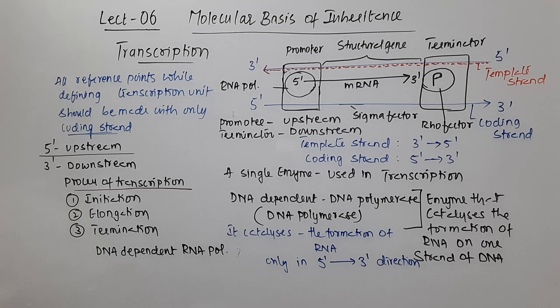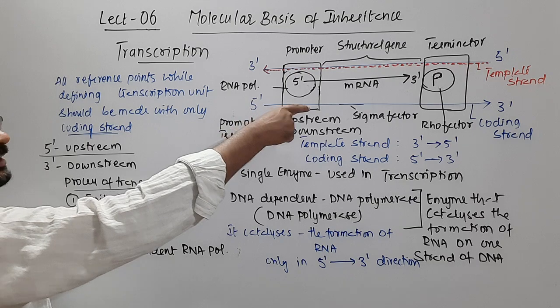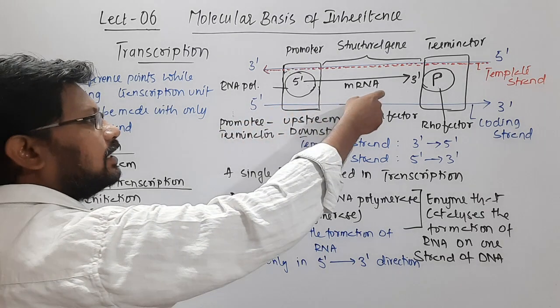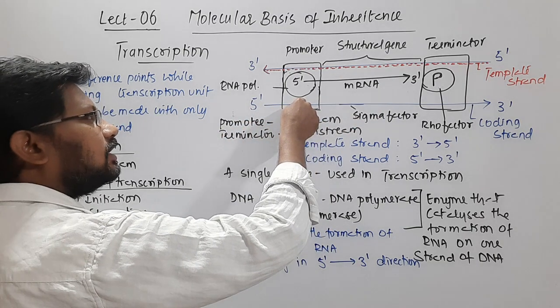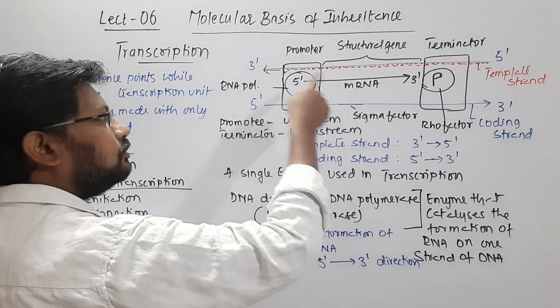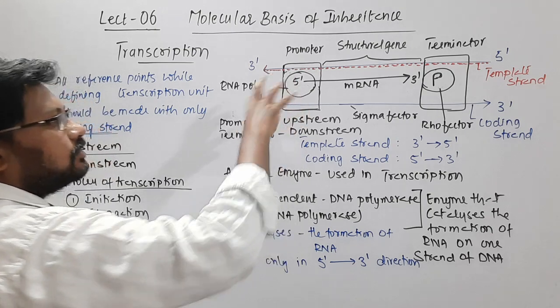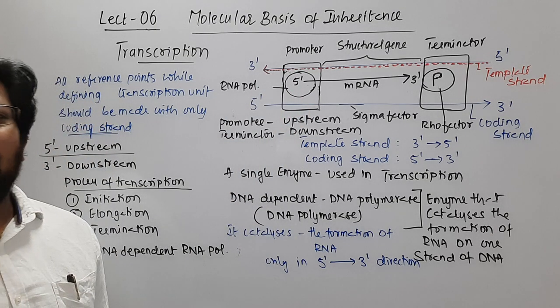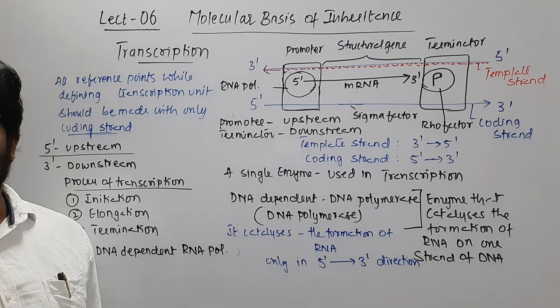So the DNA dependent RNA polymerase enzyme will catalyze this formation of RNA, and when it binds to this promoter, there is a sigma factor that should bind to the RNA polymerase, so that the RNA polymerase can identify the promoter region properly.